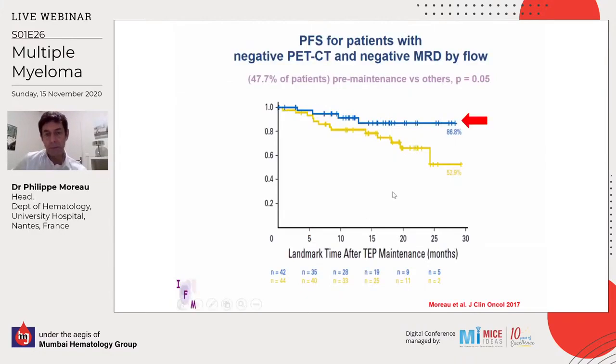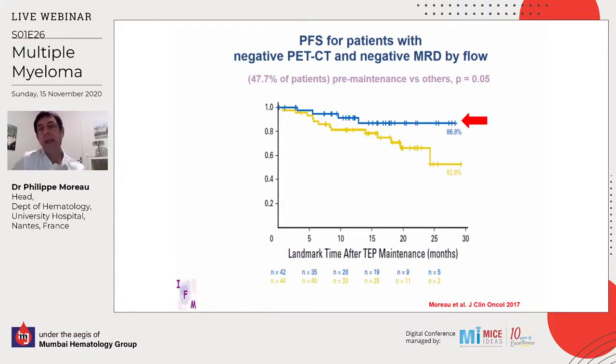And you see here, this picture is very important in my opinion, and we published this paper 3 years ago in JCO. You see here in blue, those patients reaching MRD negativity before maintenance, not only within the bone marrow with flow, but also outside the bone marrow with PET, what we are calling double negative, versus in yellow, patients with either MRD positivity by PET or MRD positivity by flow cytometry.